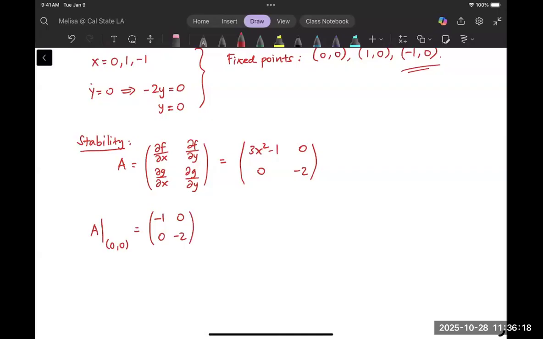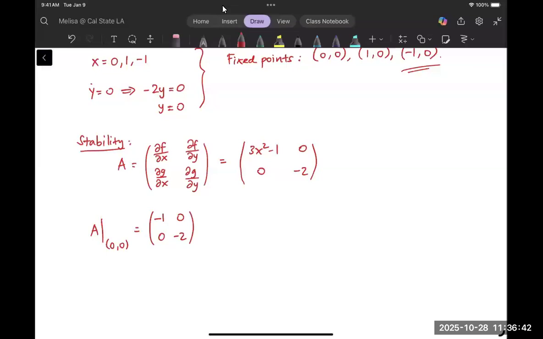And now we need to look at the eigenvalues. Just like in the linear system, when you have the coefficient matrix, you look at the eigenvalues. So what are the eigenvalues of matrix A here? There are 2 eigenvalues because this is a 2 by 2 matrix.